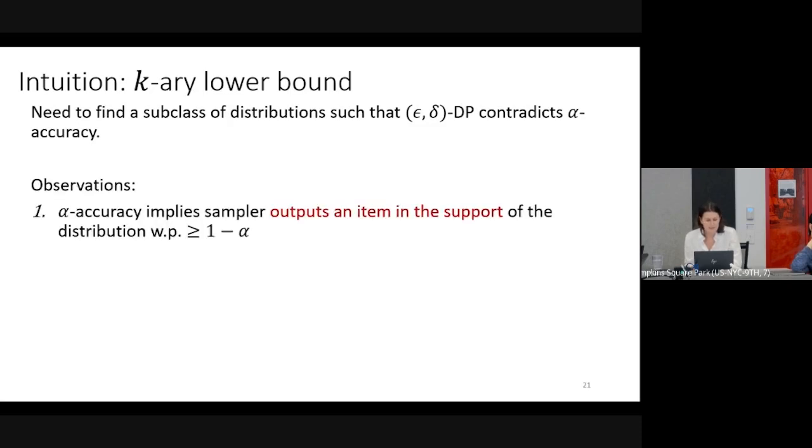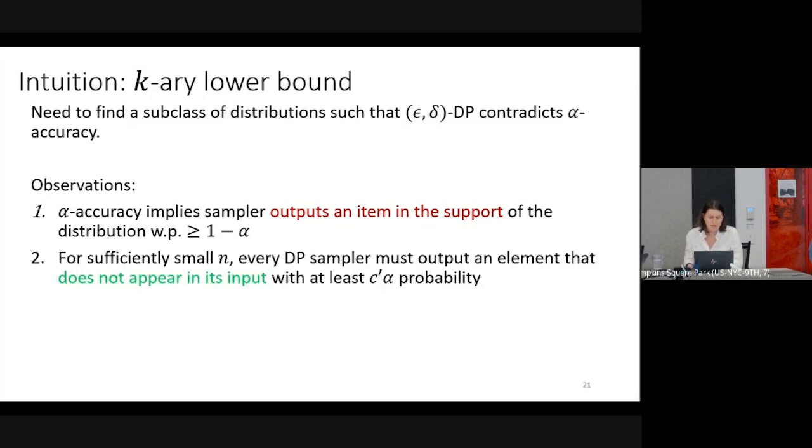One key observation is that if you're alpha accurate, and recall that we're measuring accuracy in terms of total variation distance, then the sampler has to output an item that's in the support of the distribution with at least 1 minus alpha probability. That's a minimum requirement.